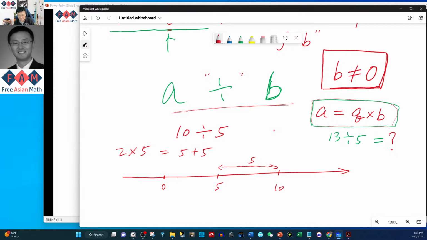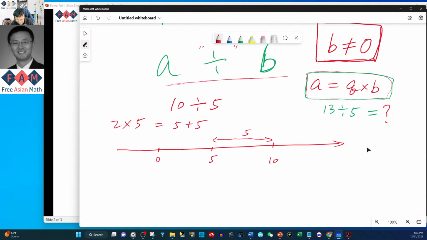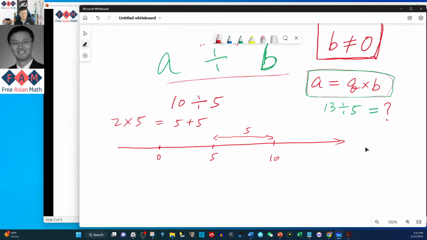So the very concept of division is actually based on this fact. If we start with 10, we want to know what this is. So in this case, instead of addition, we will do subtraction. Remember, subtraction is actually just the inverse operation of addition.